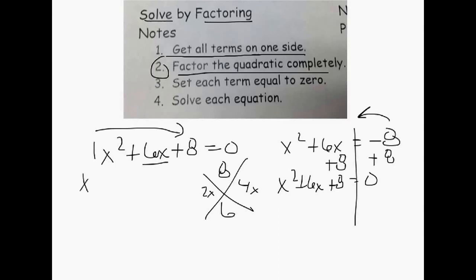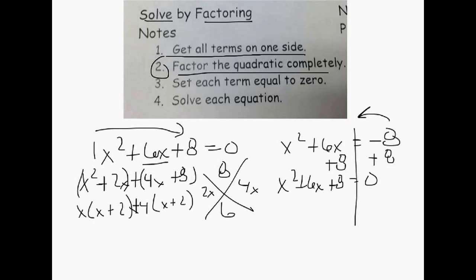So we would do 1x squared, we split the term between 2x and 4x, we bring down the 8, we group and group, x comes out, and that becomes x plus 2. 4 comes out, and that becomes x plus 2. And so we get x plus 2 as a factor, and we get x plus 4 as a factor.